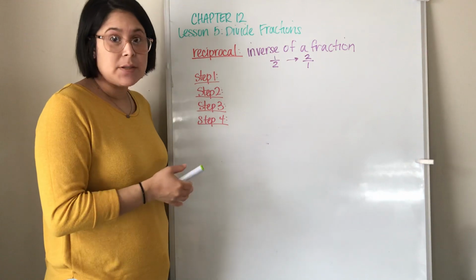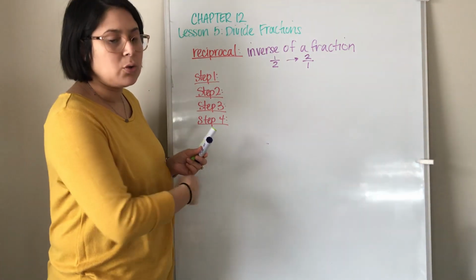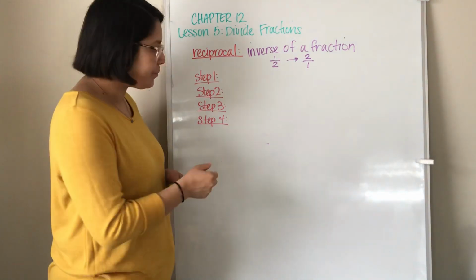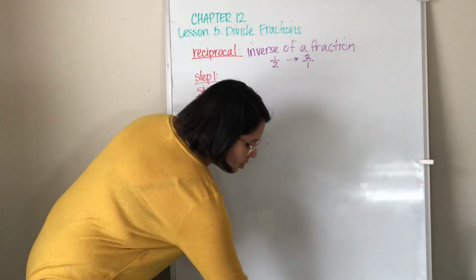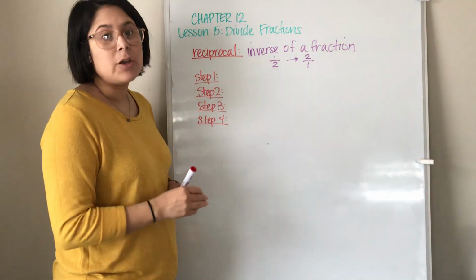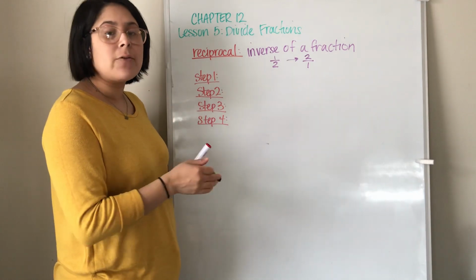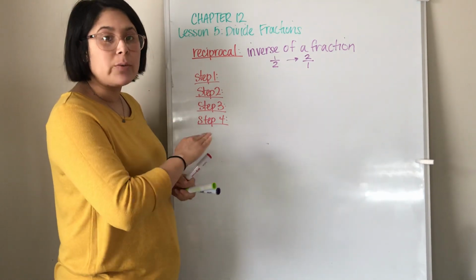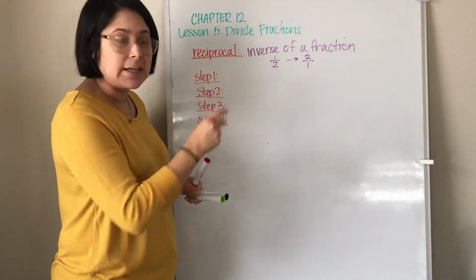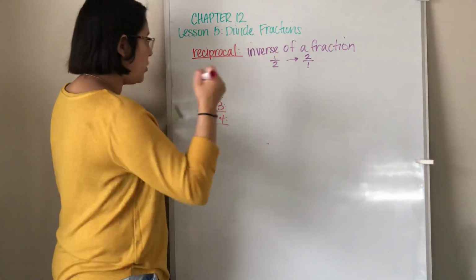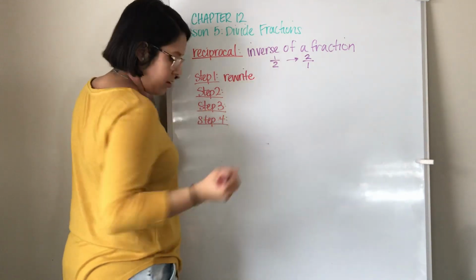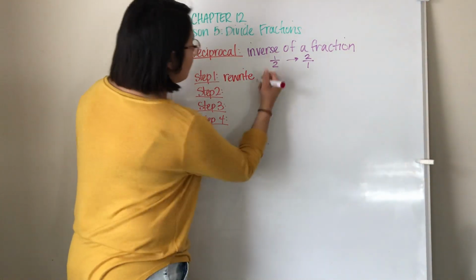I'm going to do the steps, and then we're going to model what it looks like when you're dividing fractions. So let's go ahead and do step 1. Step 1 says you need to rewrite your problem, and instead of rewriting the full thing, you're going to rewrite it with the reciprocal, the inverse of the second fraction, and I'll explain what that means. So step 1 is rewrite and multiply by the reciprocal.